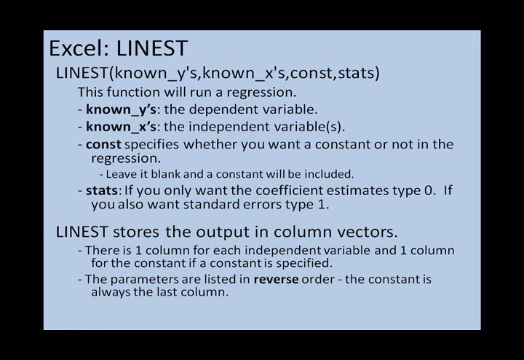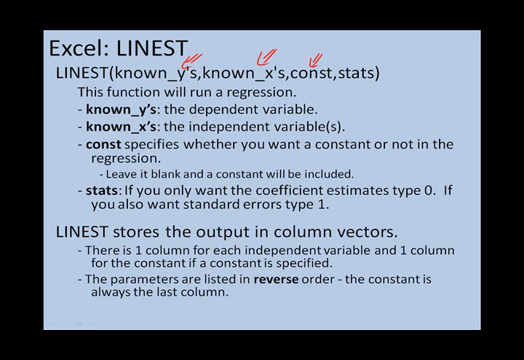The first shortcut is a function called LINEST. And LINEST effectively runs a regression. You have to input the y's, so the dependent variable, and the x's, the independent variables. Then you have to specify whether you want a constant in your regression.